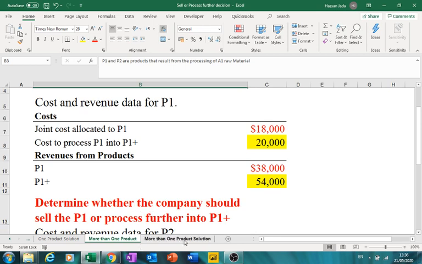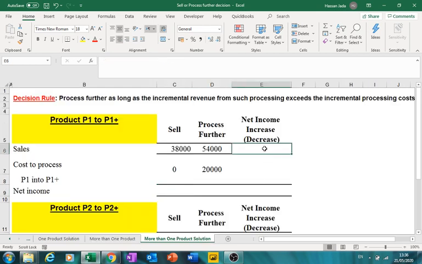Then, if we analyze these amounts, we have net income increase or decrease. Sales will increase from 38,000 to 54,000, so will increase by 54,000 minus 38,000, an increase of 16,000, and this results in an increase in net income by 16,000. And here the cost to process P1 into P1 plus will increase by 20,000 from 0.